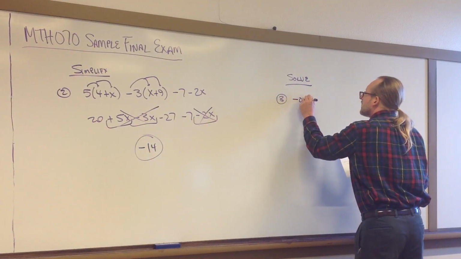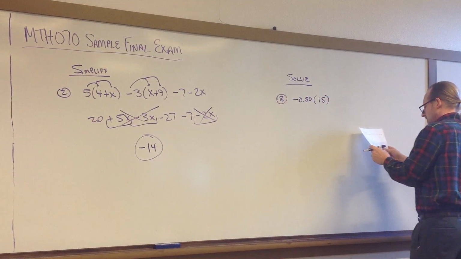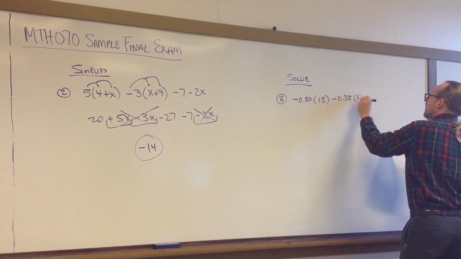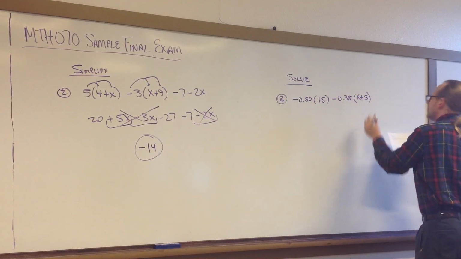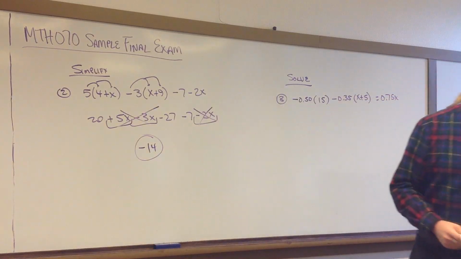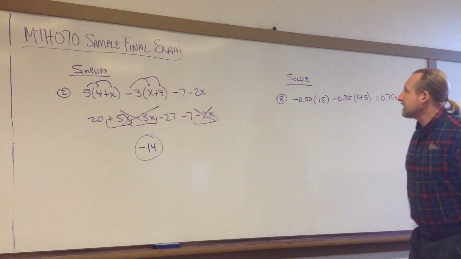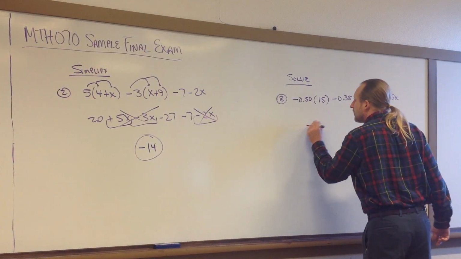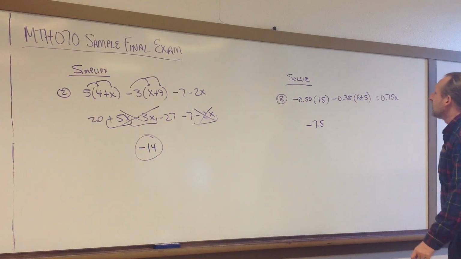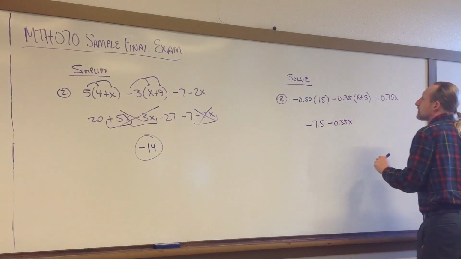So, negative 0.50 times (15 minus 0.35 times (x plus 5)) equals 0.75x. Let's get rid of the parentheses in here. 15 times negative 0.5 should be negative 7.5, right? Because this is a half. And then we'll get minus 0.35x.